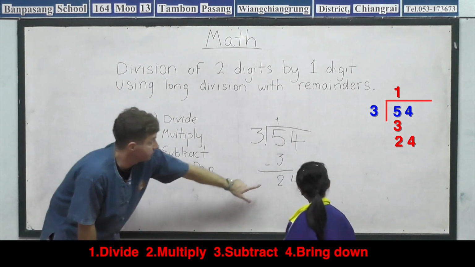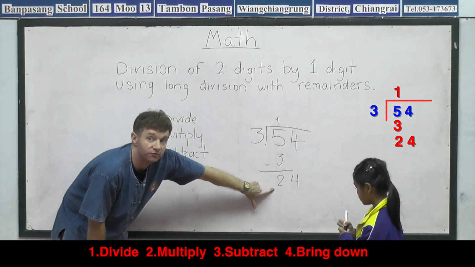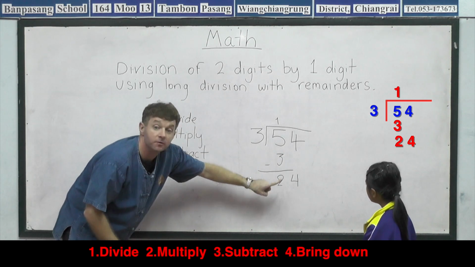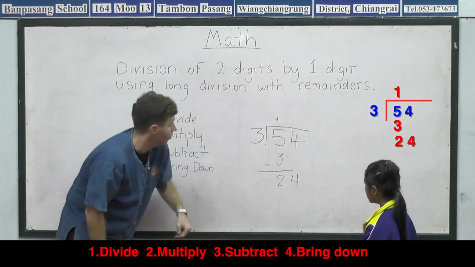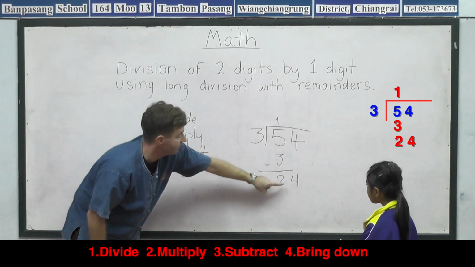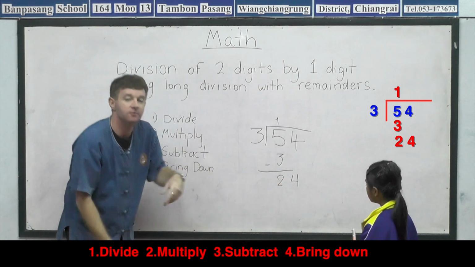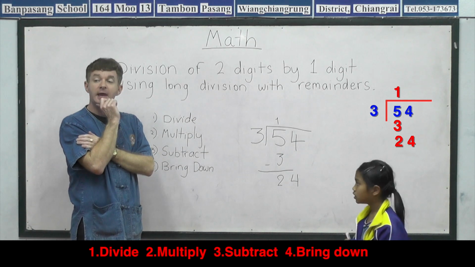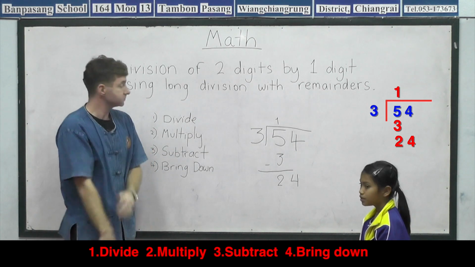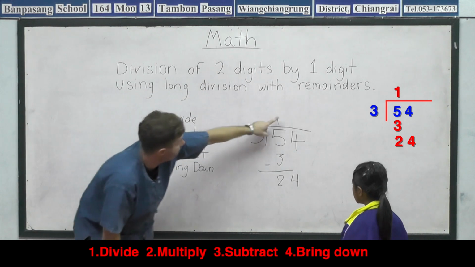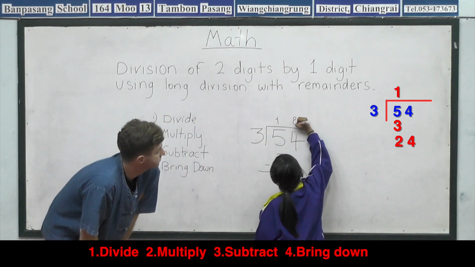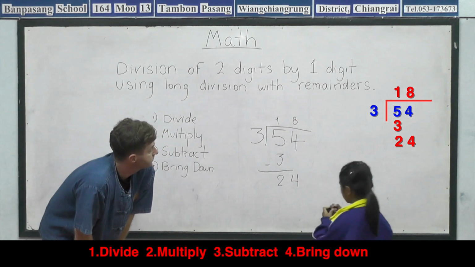So now, because we've got the 2 here, not 0, we're not just working with 4, we're working with 24. So let's see, 24 divided by 3. How many times? 8. Okay? So you can write perfect.